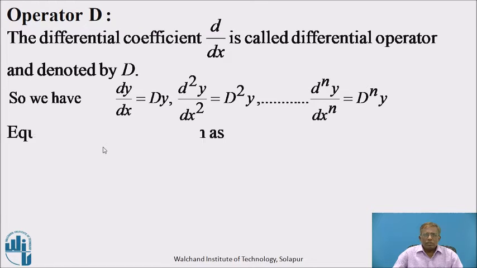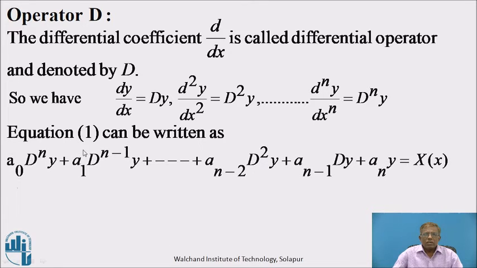With this notation, the above differential equation 1 can be written as a0 D raised to n of y plus a1 D raised to n minus 1 of y plus and so on plus a(n-2) D square of y plus a(n-1) D of y plus an into y equal to X of x.